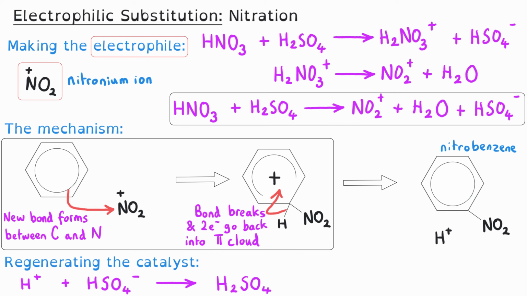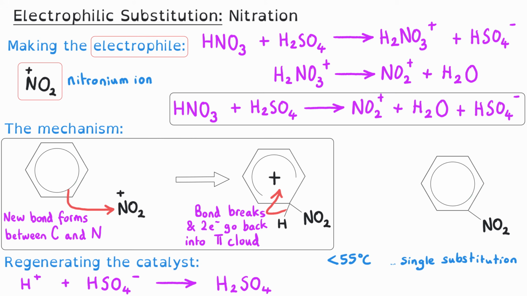If we want to make sure that we only add one nitro group to our benzene, we need to make sure when we're warming it up in this reaction that we keep the temperature below 55 degrees C. If we go above 55 degrees C, the temperature rise means that multiple substitutions occur, and so we get more than one nitro group joining the benzene ring, and we could get as many as 3 being added.